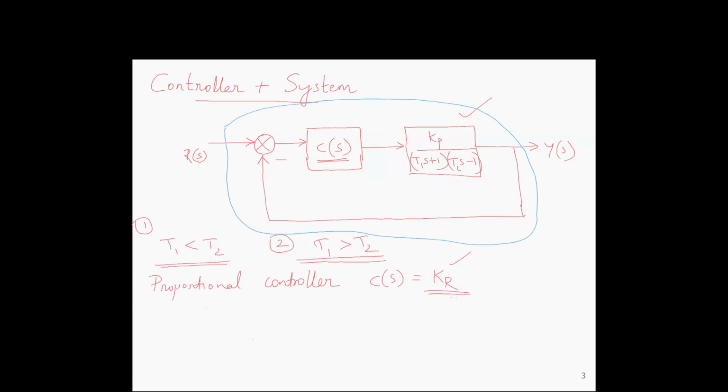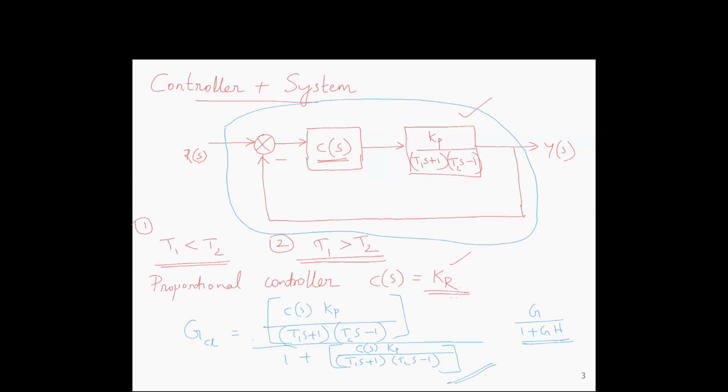Now the closed loop transfer function will be, applying the formula G of S by 1 plus G of S H of S. Since there is a negative feedback, we can use 1 plus G of S H of S. After applying that formula, we get the transfer function to be something like this.